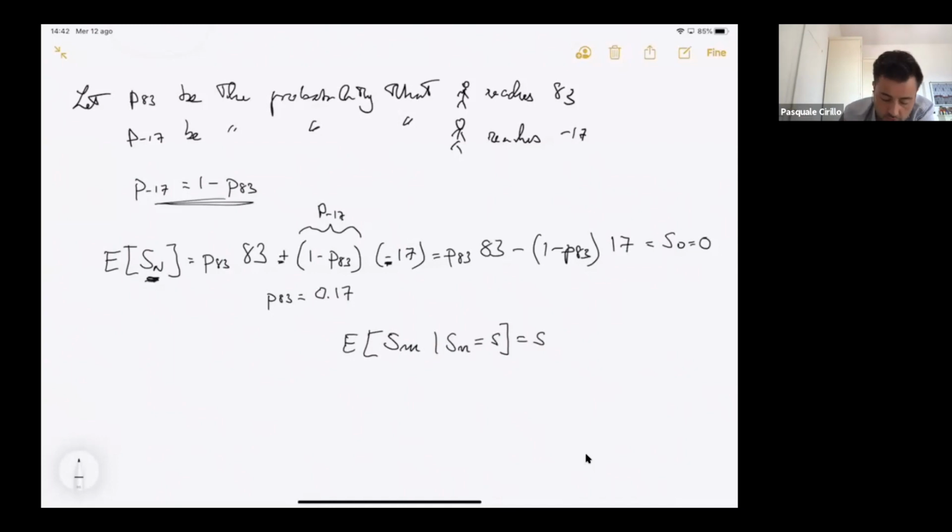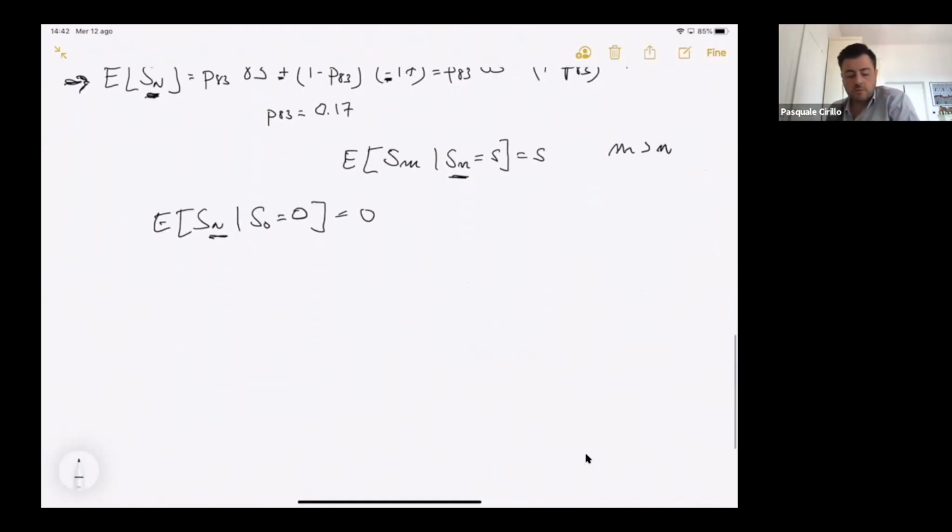What we are applying here is the fact that the expectation of Sn, given that I start in S0 equal to 0, needs to be 0, because it's a martingale. This is true for every m larger than n. So if I choose n equal to 0 and m equal to capital N, this is what I get.